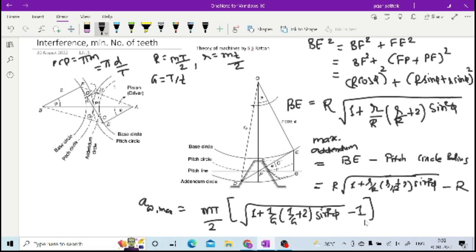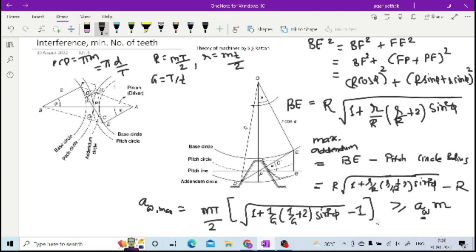Now consider the multiplier of module for the gear which you are manufacturing, so it must satisfy A_W times m. A_W is a constant which your manufacturer is using and multiplying with the module in order to generate the addendum circle of your gear, right? But this A_W max must be greater than or equal to A_W times m, then only you can avoid interference.